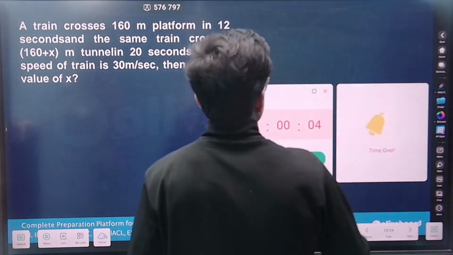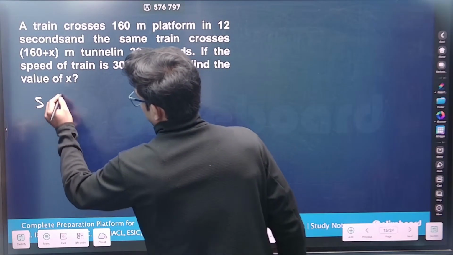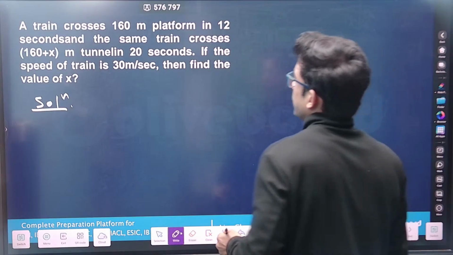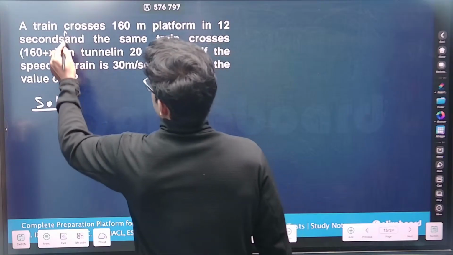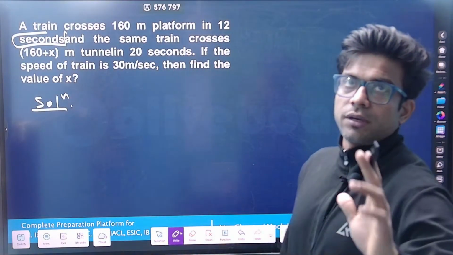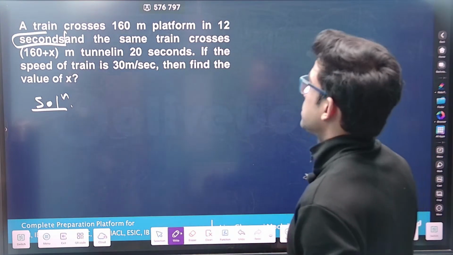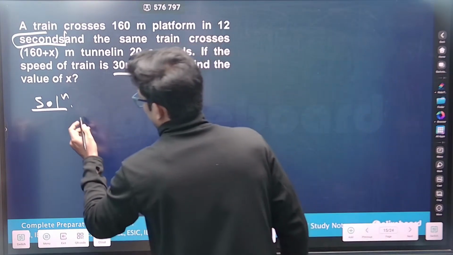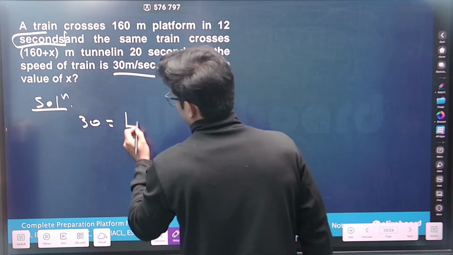Okay, let me discuss now. Solution: a train crosses a 160 meter platform in 12 seconds. Read this point first because this is important. You need to understand this point. If the speed of the train is given to us, we know speed equals distance by time, but in this case, we know the platform but we don't know the length of the train.